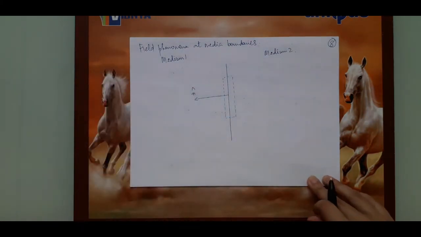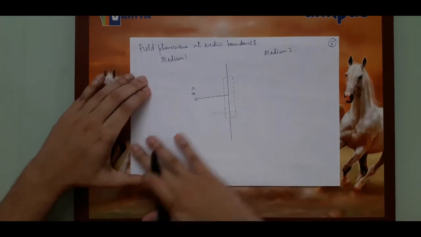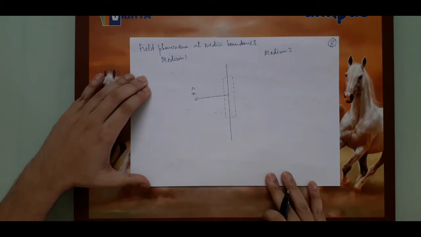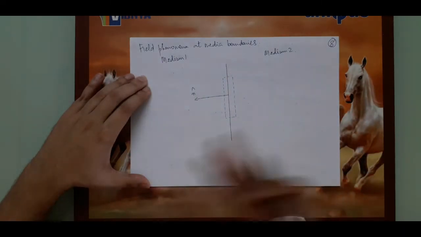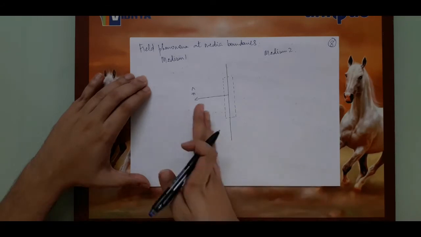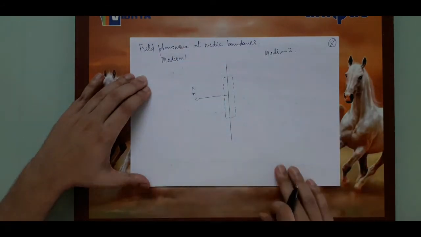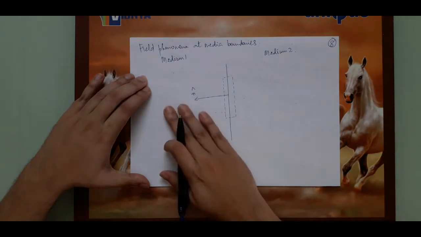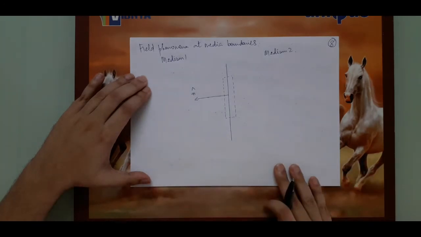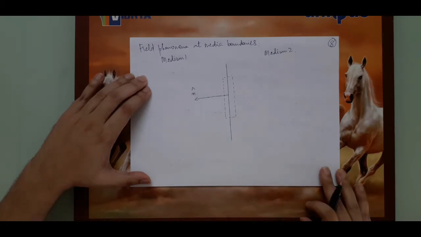So let us first talk of electric fields. Electric field can exist in any direction, but irrespective of which direction the field is, I can always break it down into a vertical component and a horizontal component. Why only these two components? In spite of the fact that, by now you know, electric field is a 3D quantity, it can have components in x, y and z directions.